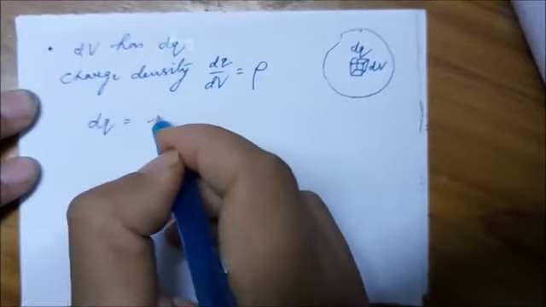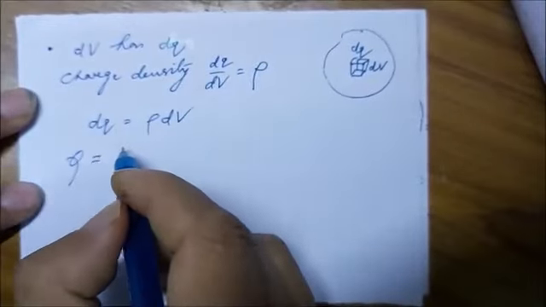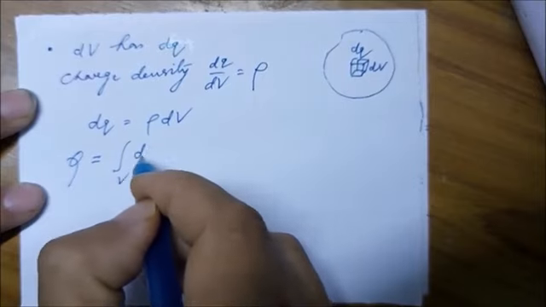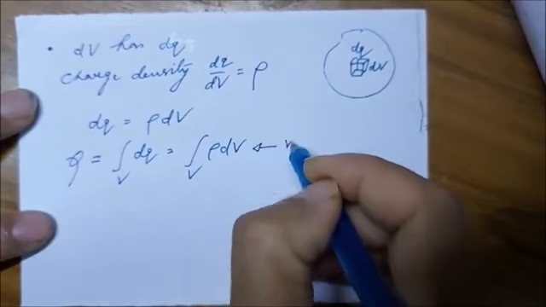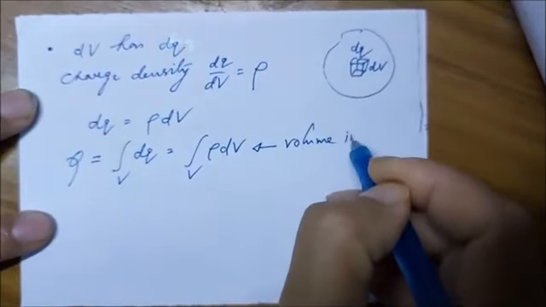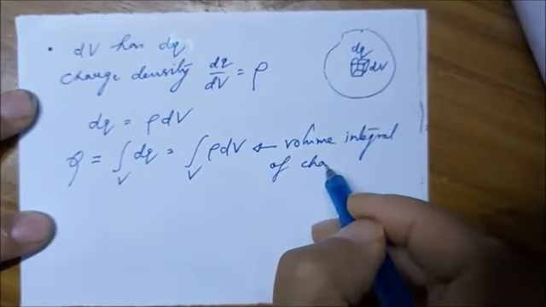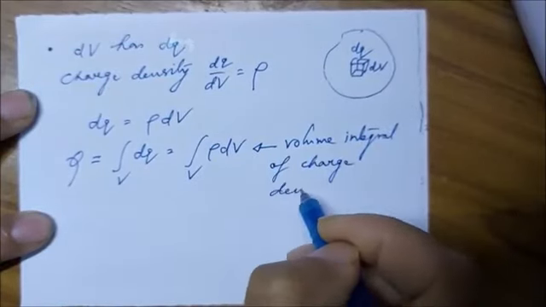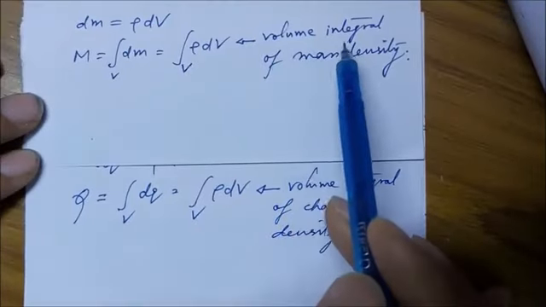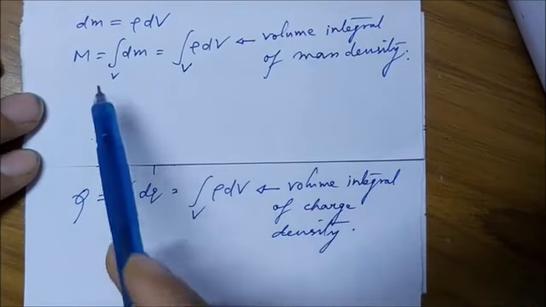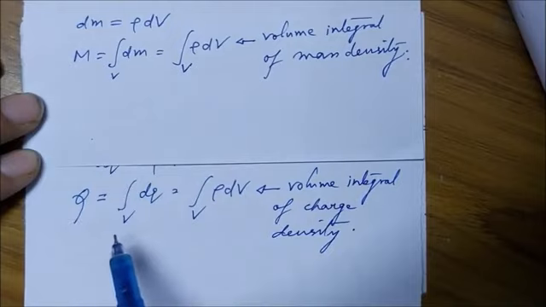So dq is rho dV and the total charge q is the integration over V of dq, which is therefore the volume integral of charge density. Clearly, the concept of volume integral is needed to find the total mass or total charge in a region of space.